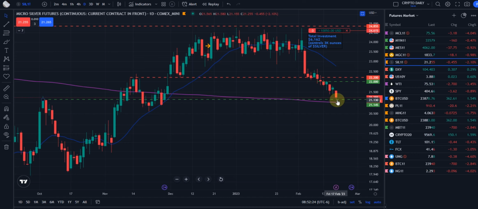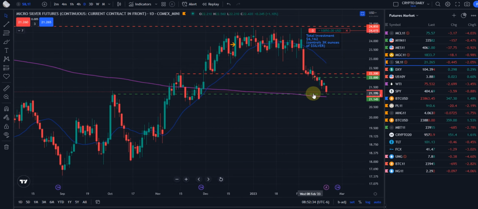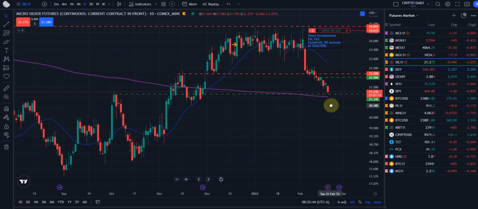And as you can see, we're hitting that main area, an area of a high pivot over here. It's also a measured move where the green line is and the 200. So anywhere in and around this 21, I'd like to see 21 even, but that may or may not happen.